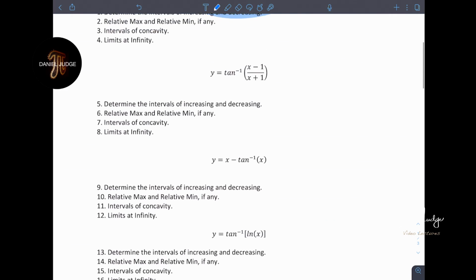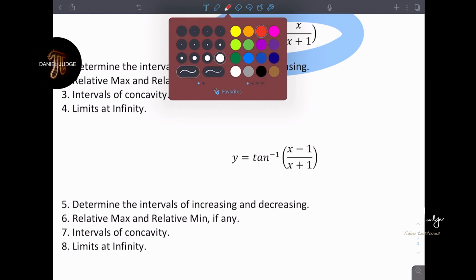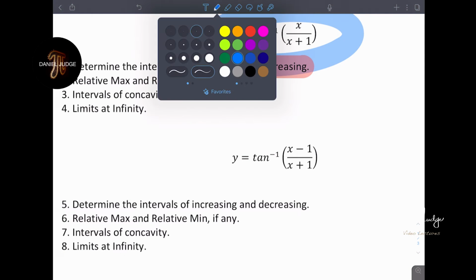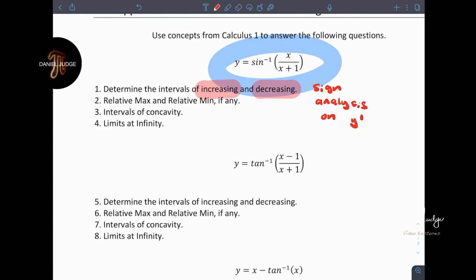When they ask you for intervals of increasing, decreasing, this is code for sign analysis on the first derivative. So intervals of increasing, decreasing for a function is sign analysis on the first derivative.